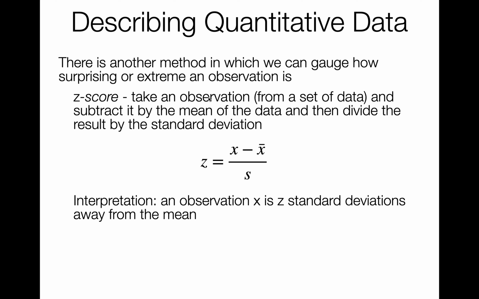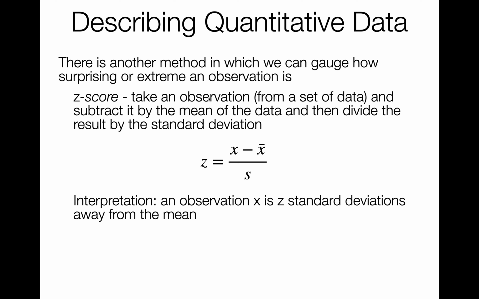So if we go back to my example before with IQs, that are bell-shaped with a mean of 100 and a standard deviation of 16, if x was 132, I do 132 minus 100 divided by 16, the z-score would be 2, which says that 132 lies 2 standard deviations away from the mean.